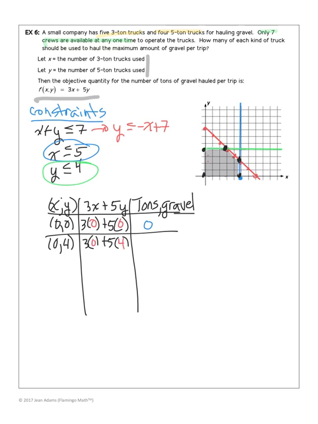That's going to give us 20. Our next vertex is 3, 4. That's a 3, so that gives us 9 and 20, so 29.